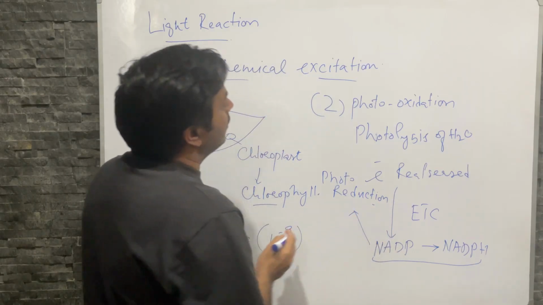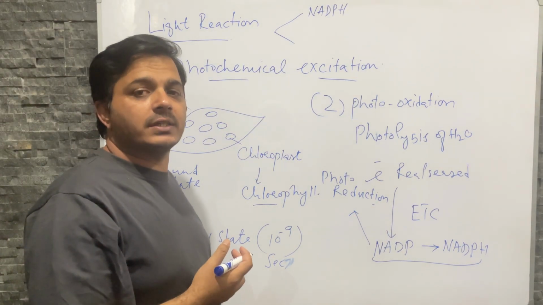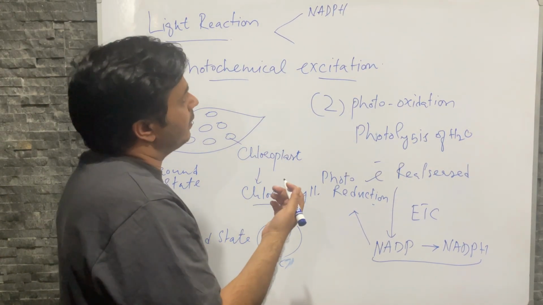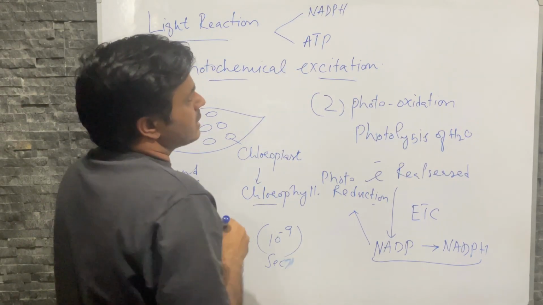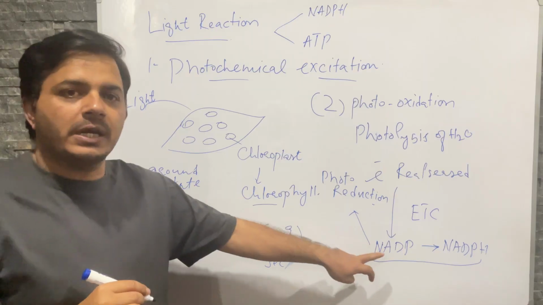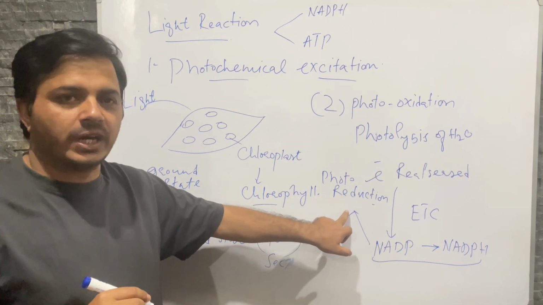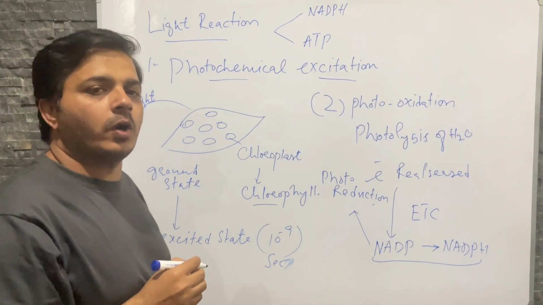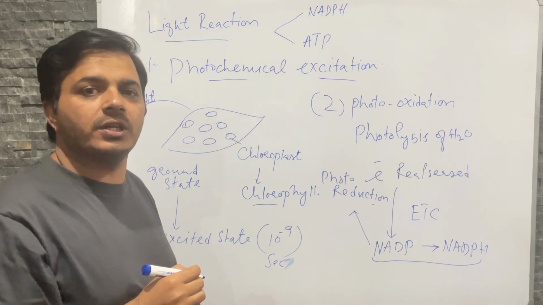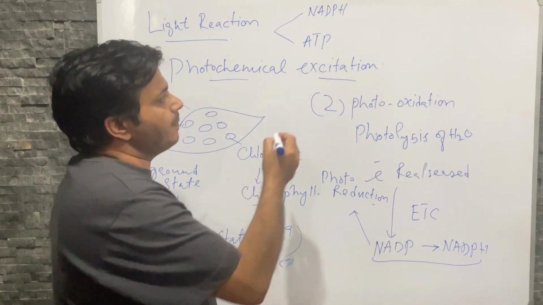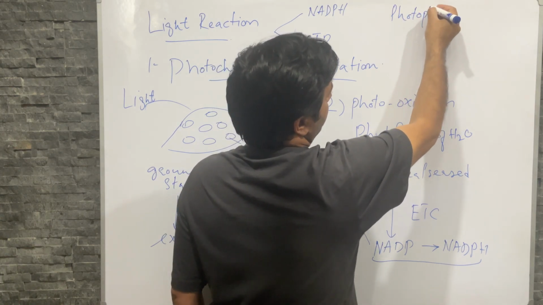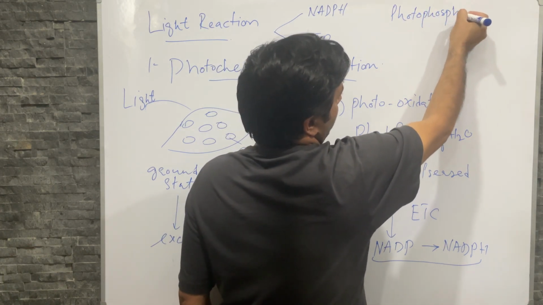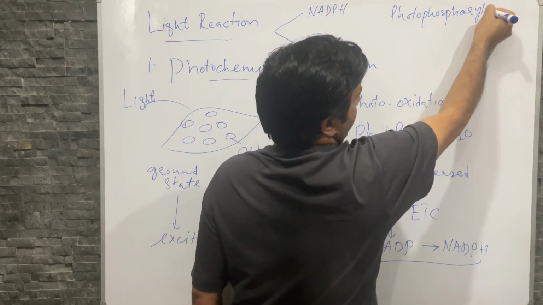We all know that the ultimate products of the light reaction are NADPH and ATP. Since we got NADPH by photoreduction, there is another process which results in the formation of ATP, and that process is called photophosphorylation.